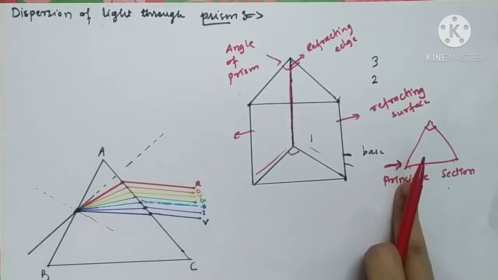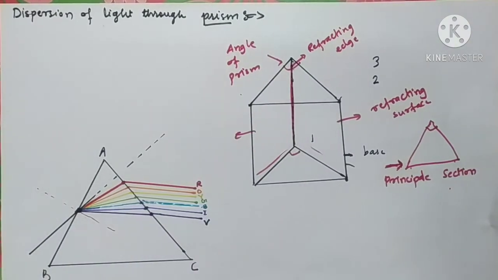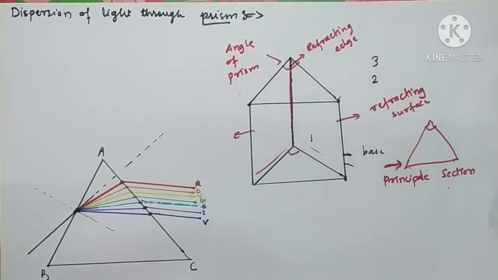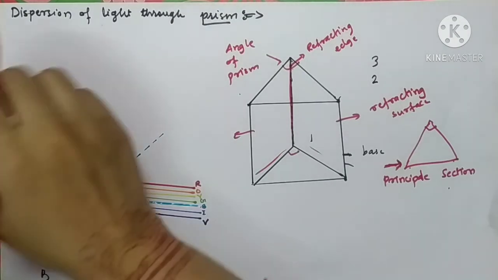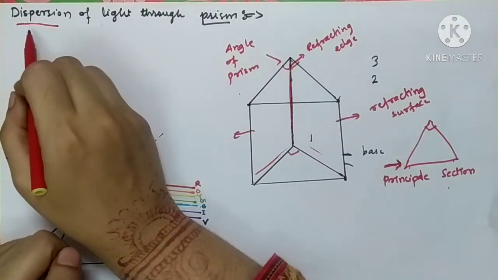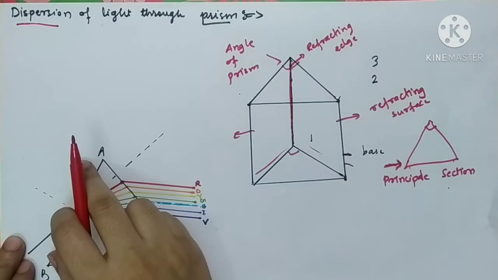Now nevertheless, we have to study the process of dispersion of light. As you are all already familiar with the word dispersion, it is nothing but the separation of white light into its constituent colors.